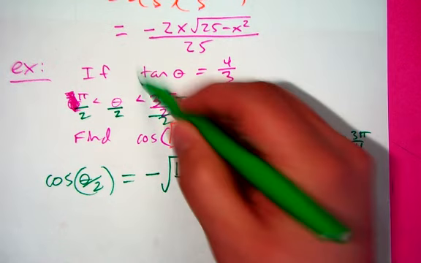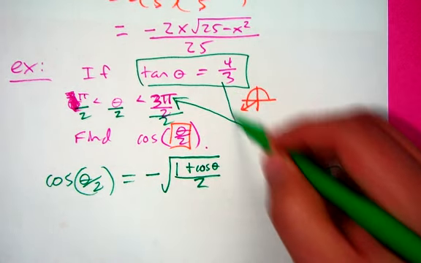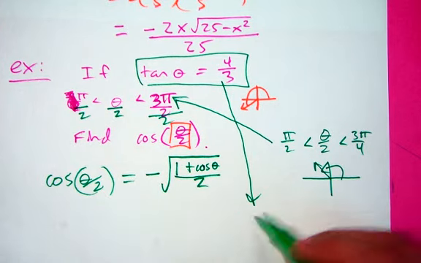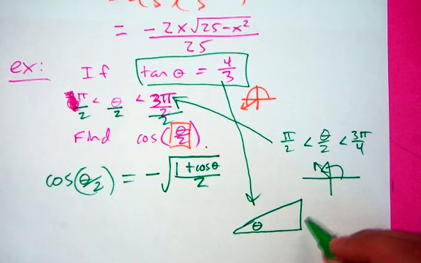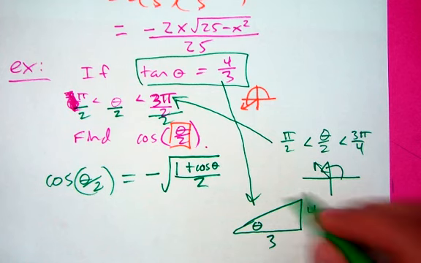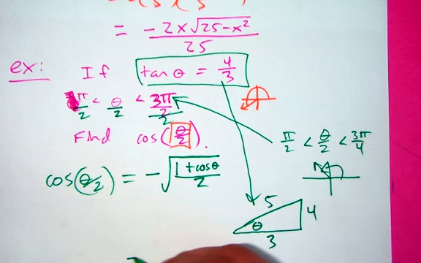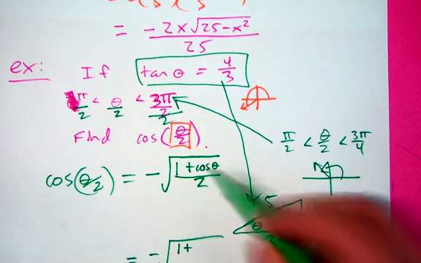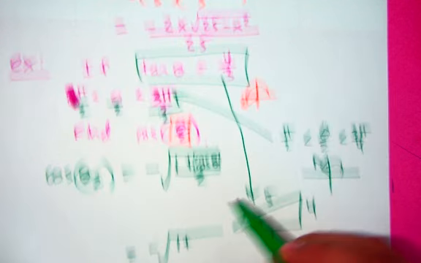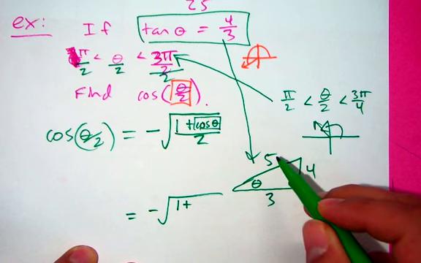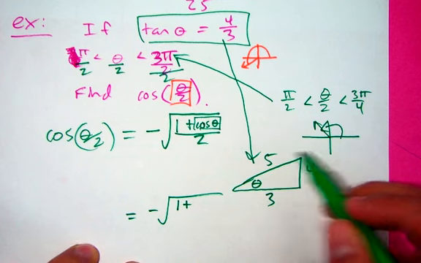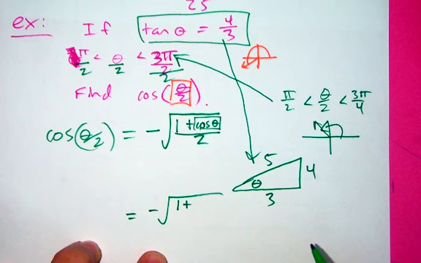So if I know this much... A lot of arrows here. We can draw a triangle. Opposite over adjacent is 4 over 3. So what's the hypotenuse? 5. So then, now we go ahead into the formula, and for cosine of theta, I do 3/5, because it's adjacent over hypotenuse. But we got to make a decision for theta as well.